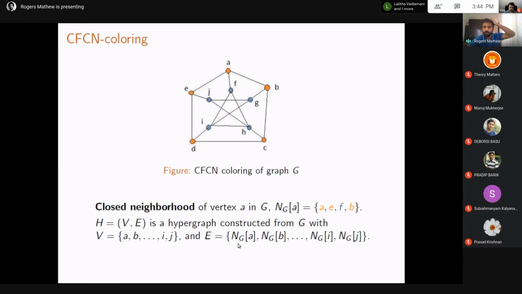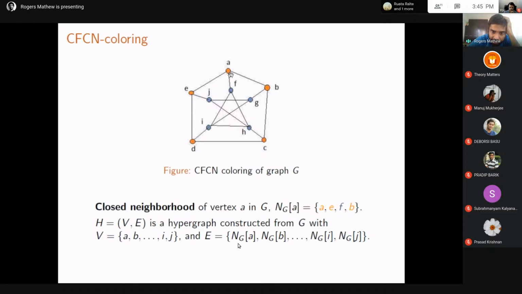So let's look at the variant of conflict-free coloring that we define on graphs. Here you have a graph, and let me define the closed neighborhood of a vertex. The closed neighborhood of a vertex is all its neighbors plus itself.